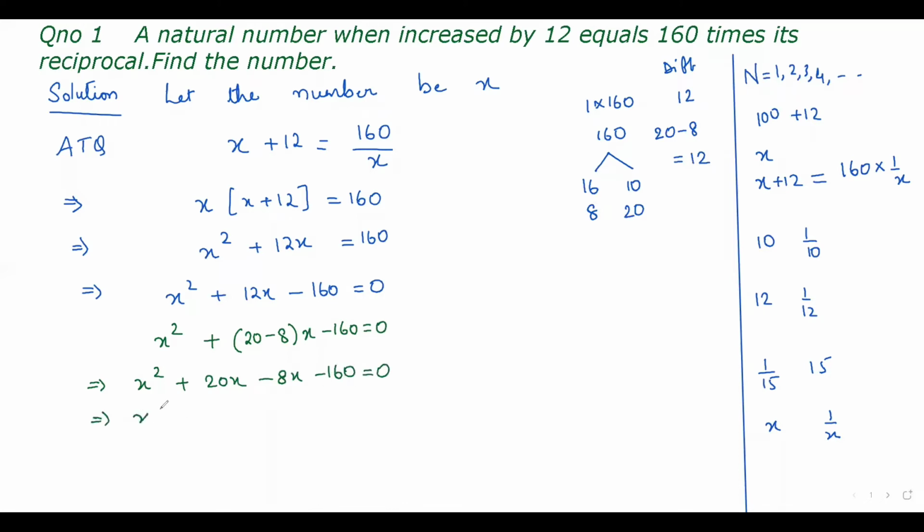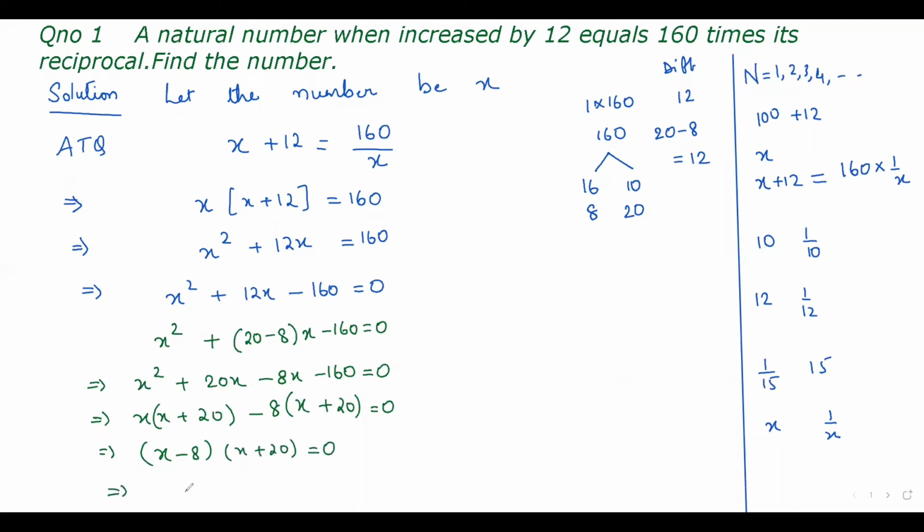After opening the brackets, take the common. x into x plus 20, minus 8 into x plus 20. Minus 8 is common, you can take it out. So this gives x minus 8 into x plus 20 is equal to 0.